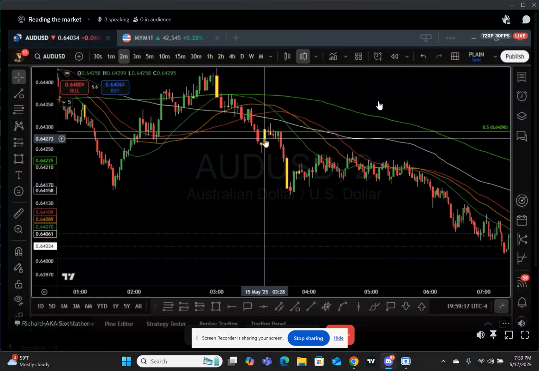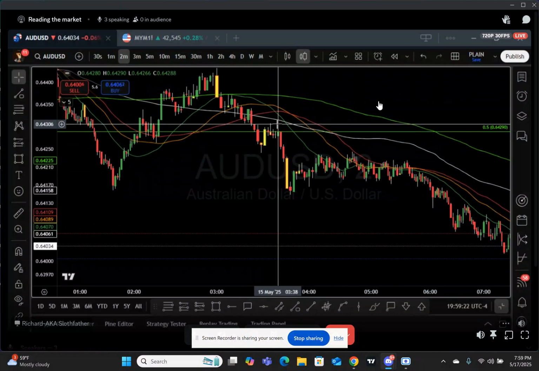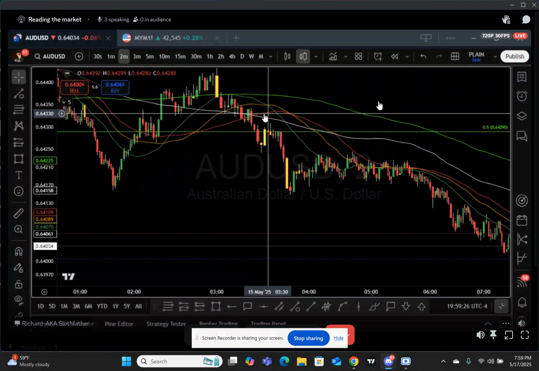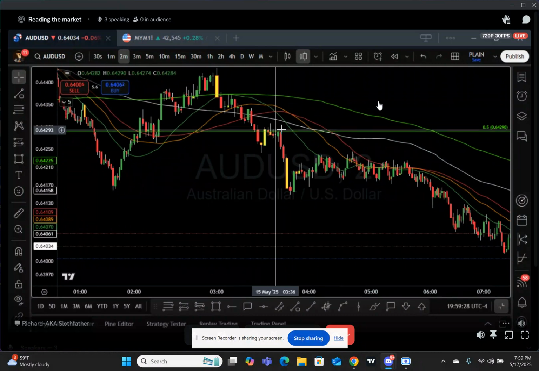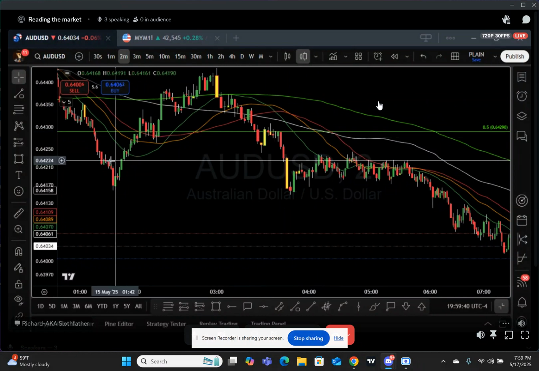We get our push up, we get a topping tail bar at the 100 that closes back below my 50% DRT level. That's my entry as soon as we break the low of that candle, which we did on the very next candle. So I'm in the trade right there.